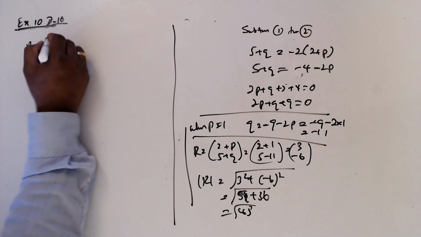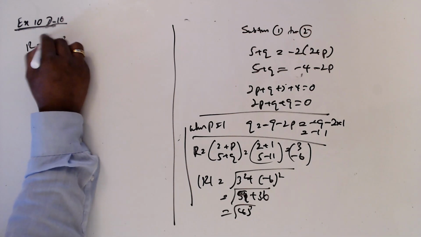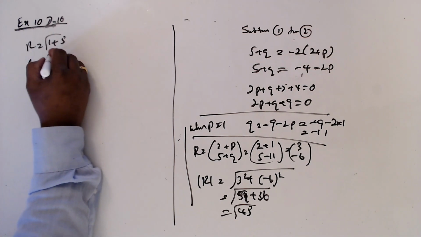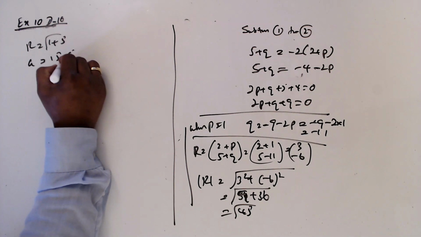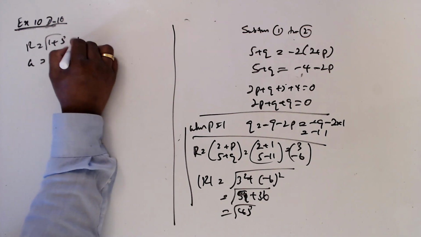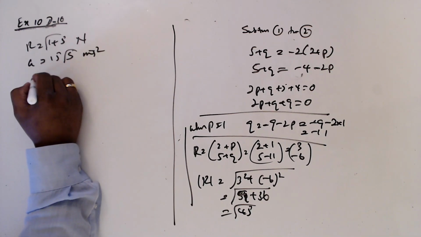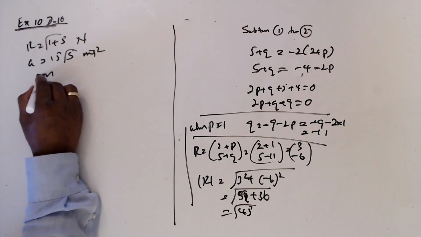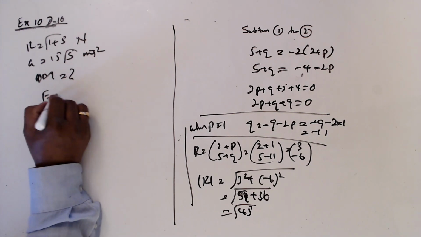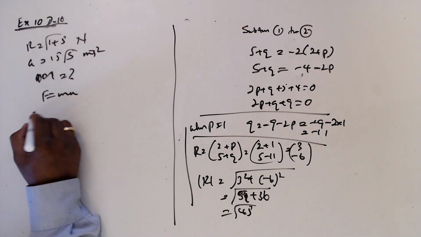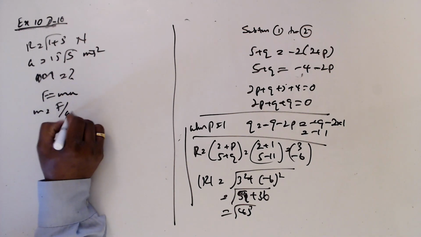Now R is square root 45 and a is given as 15 square root 5. Now we need to find m. So F equals ma, so m equals F divided by a.